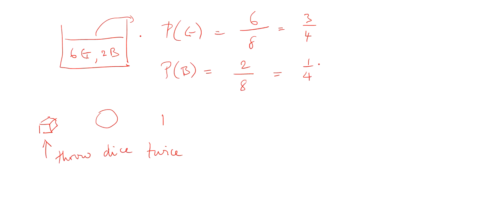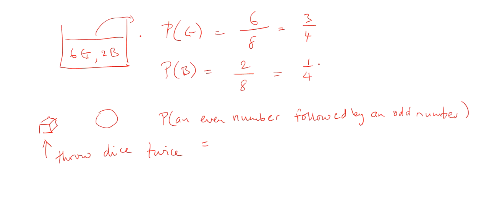What is the probability of getting an even number followed by an odd number? All right. Now, most students, or a lot of students, will have no clue how to do this question. Now, the question is asking, what is the probability of getting an even number followed by an odd number?